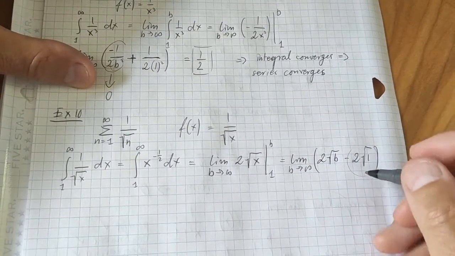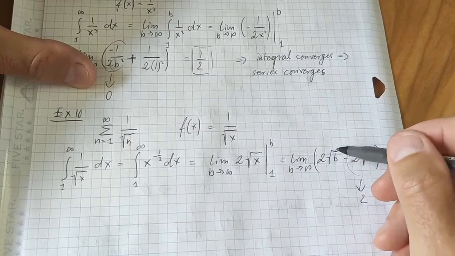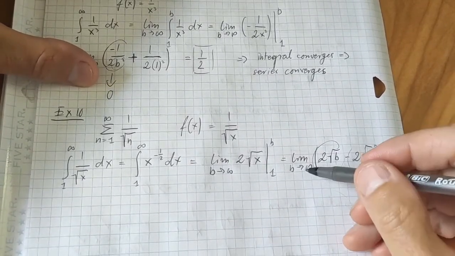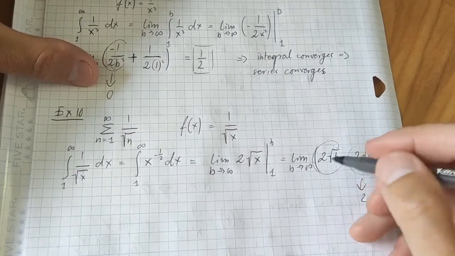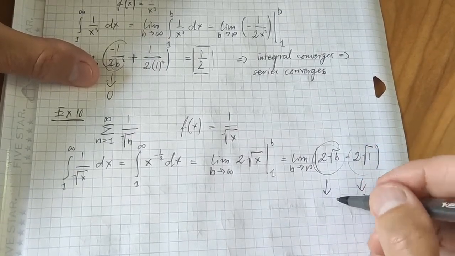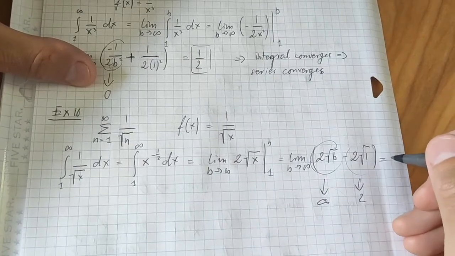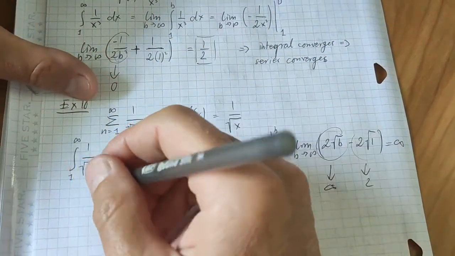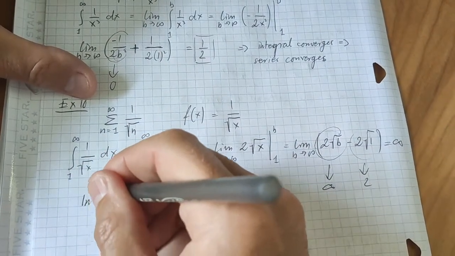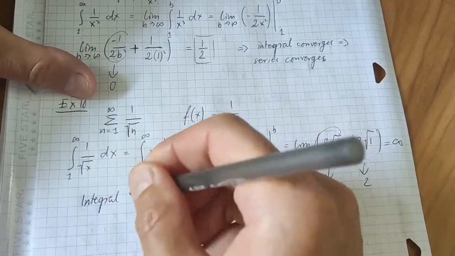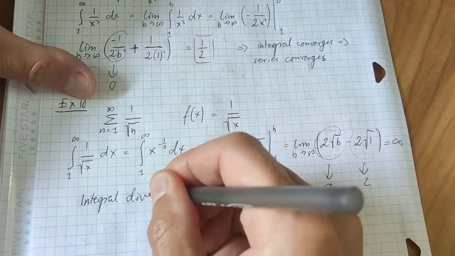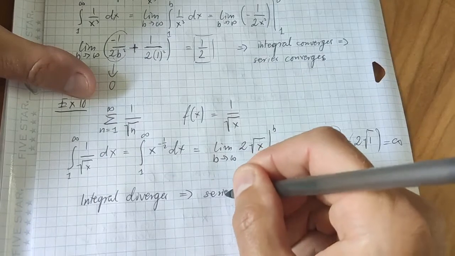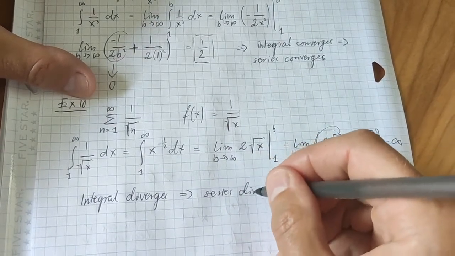Okay, so this is just 2. But if b approaches infinity, then this whole thing also approaches infinity. So that equals infinity. Now the limit doesn't exist, so the integral diverges. So our conclusion is the series diverges too.